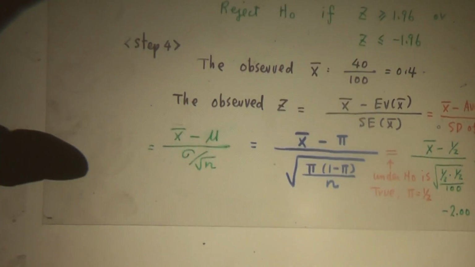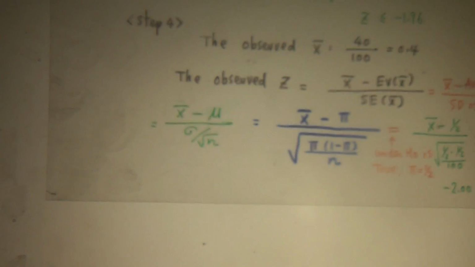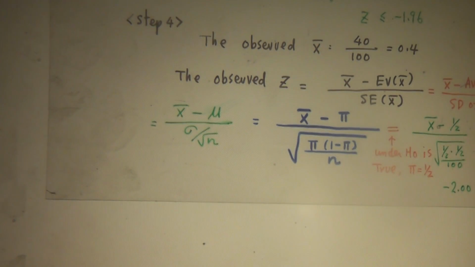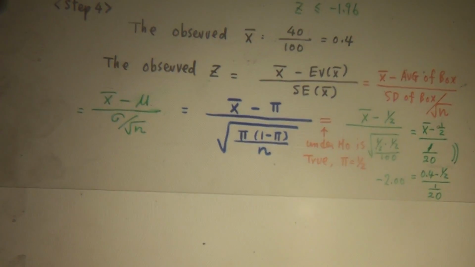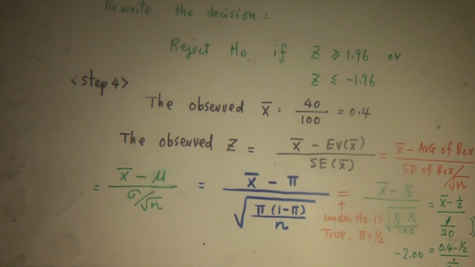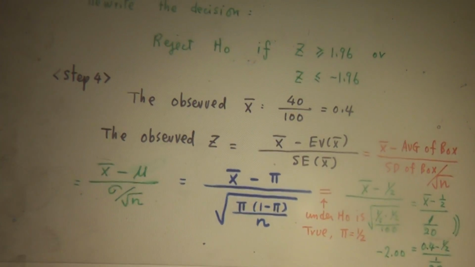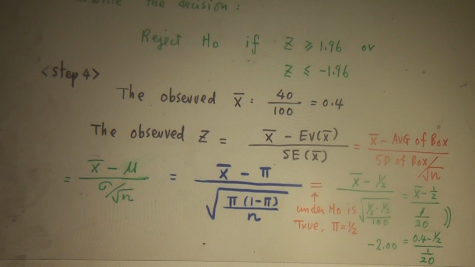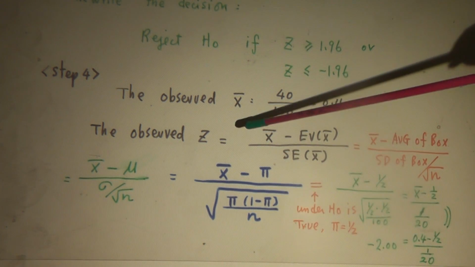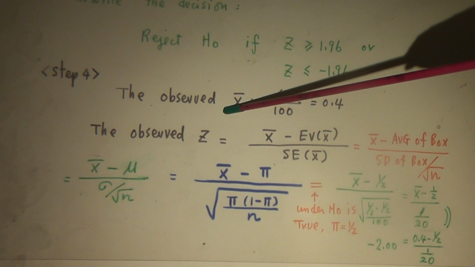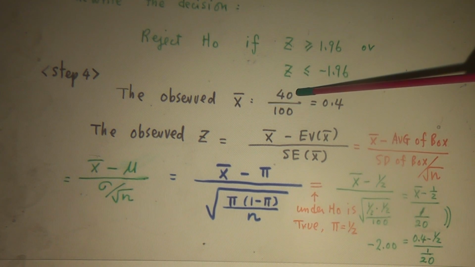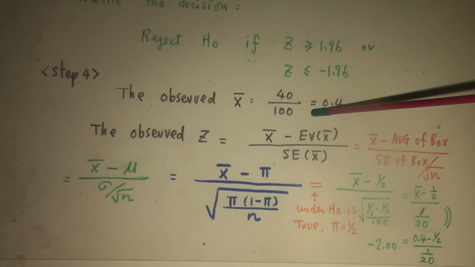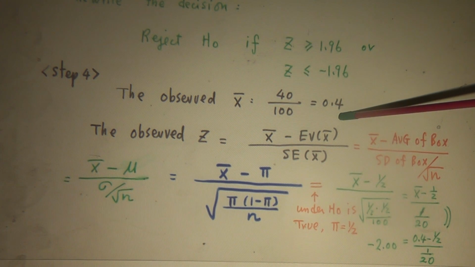Next, let's look at step 4. Now, the observed X bar, the observed sample percentage, is 40 out of 100, and that is 0.4, or 40%.